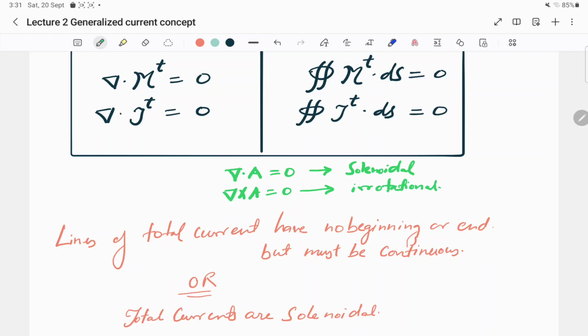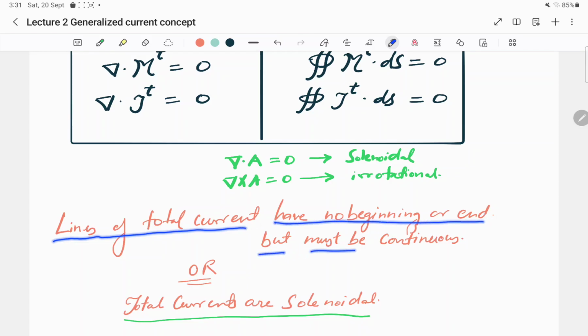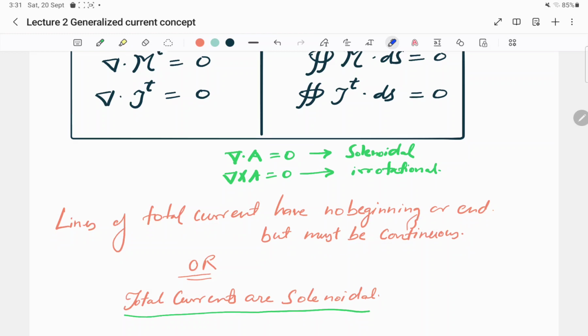So in this case, we have got the divergence of the total current Mt and the divergence of the total current Jt is 0. Therefore, we are calling that the total currents are solenoidal. This statement is also very important to know, that lines of total current have no beginning or end, but must be continuous.